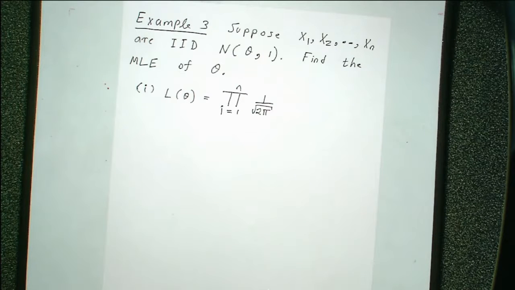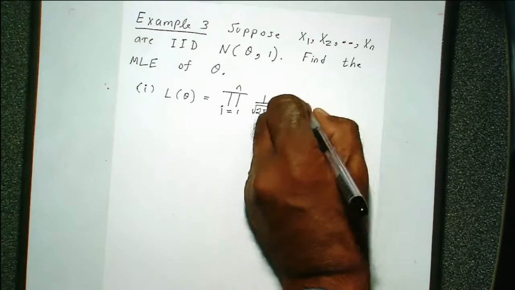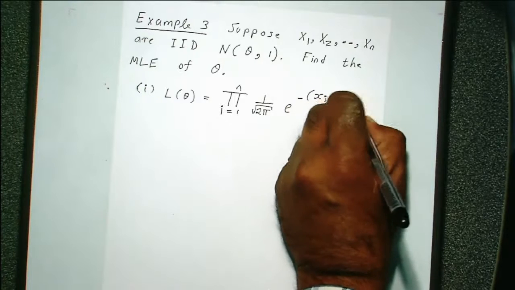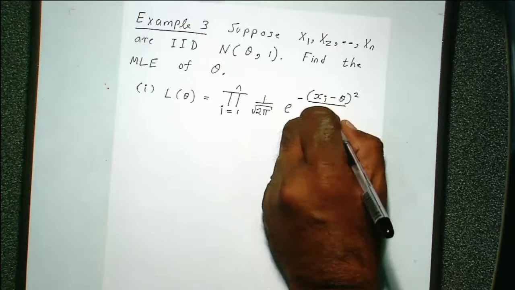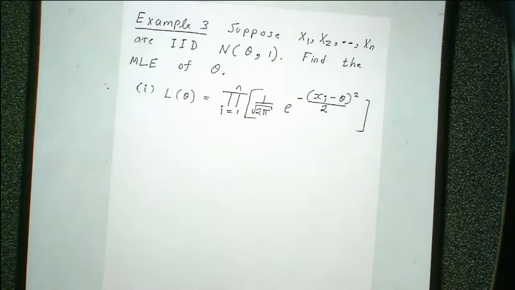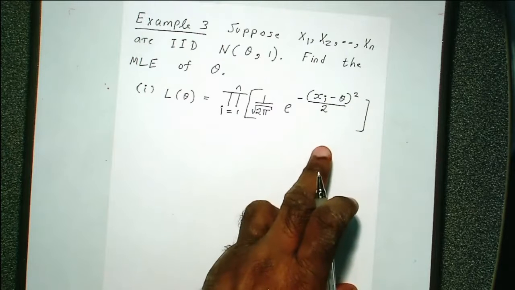Anybody here who doesn't remember the density for the normal? Okay, this is the density of the normal distribution with mean theta and variance equal to 1.